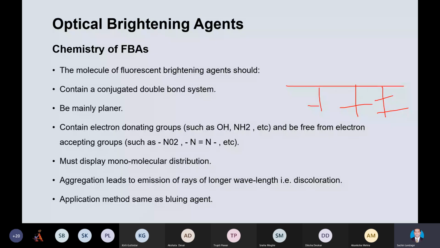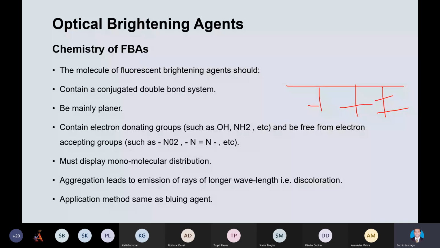One example is a coumarin containing compound, which is the most commonly used for cellulosic fiber. OBAs, as I told you, are colorless dyes. For cellulosic fiber we use different chemicals; for proteinous fiber we use a different type of optical or fluorescent brightening agent; and for synthetic fiber we use yet another type, because their fiber nature is different.